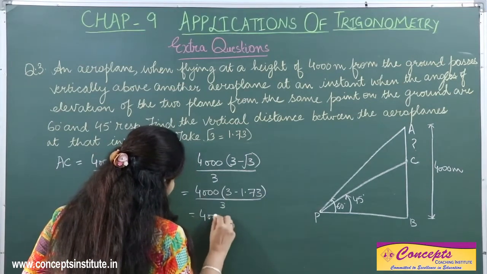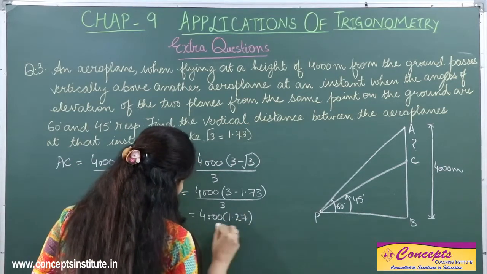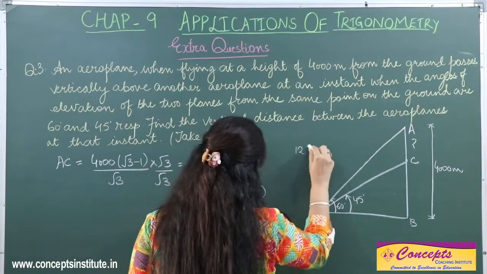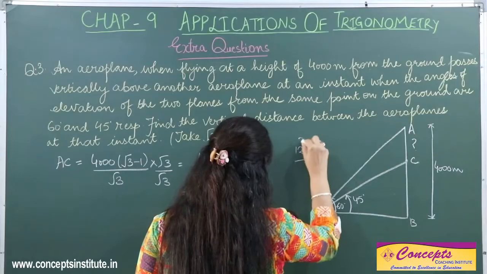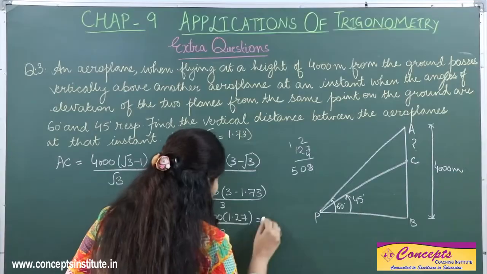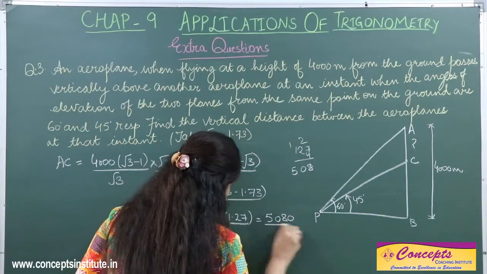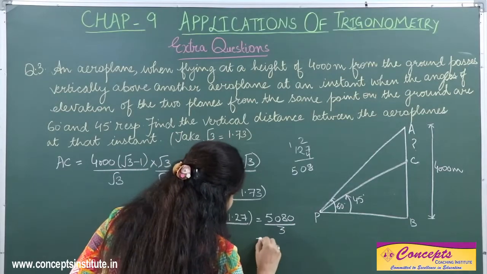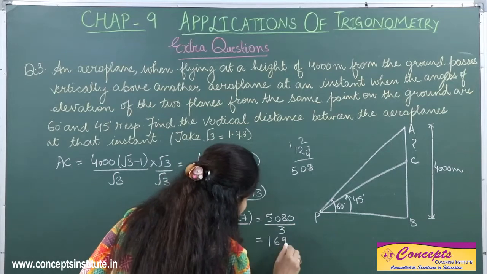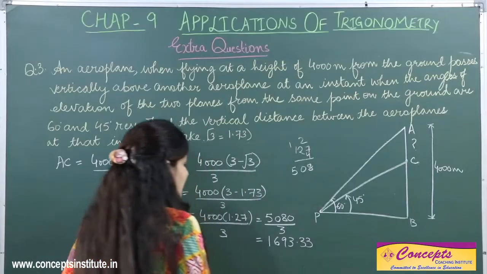So, let us see what would this be. 4000 into, this would come out to be 1.27 upon 3. So, let us see what is 127 into 4, 4 7s are 28, 4 2s are 8, 10, 4 1s are 4, 5. So, this would be 5080 upon 3, and this would be 1693.33, right students.